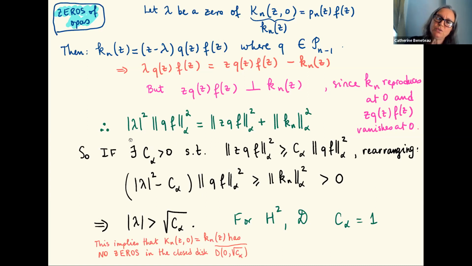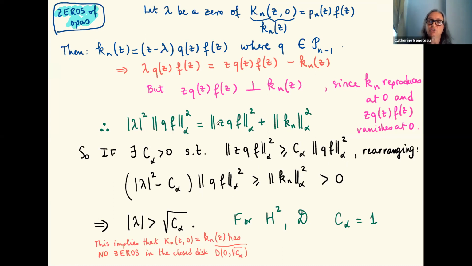So suppose I knew that there was some constant such that multiplication by z was bounded below, essentially, in this context. Okay, so this would be larger than or equal to this constant times the norm of qf squared. So for example, for the Hardy space, and for the Dirichlet space too, actually, I can write 1 here for this C alpha.